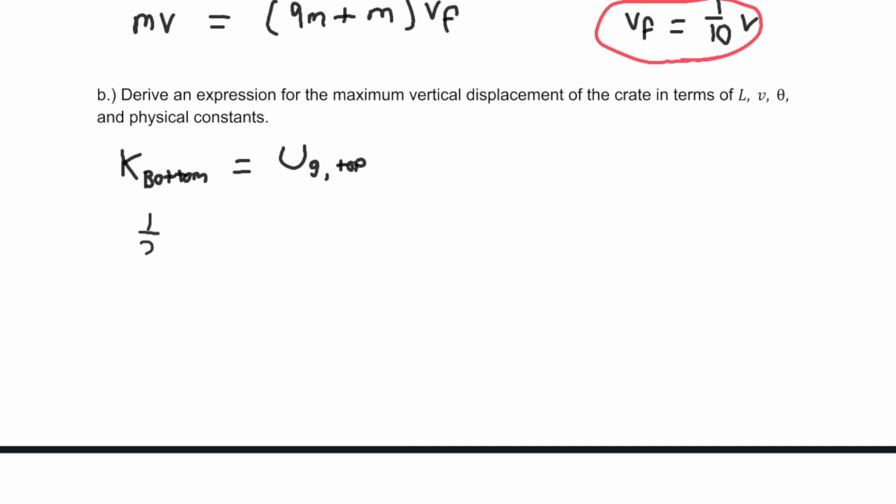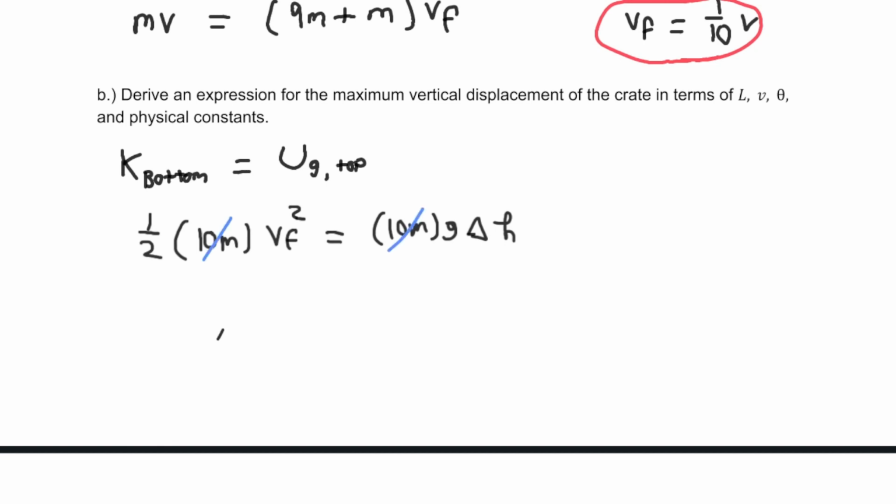But then we just have 1/2 times 10m times Vf squared is equal to 10m g delta h. And again, we're just calling the bottom point 0 so we can make our math a bit cleaner. So we see that the 10m's cancel as per usual.